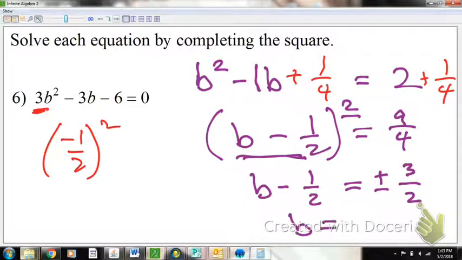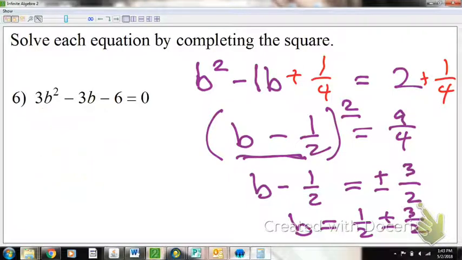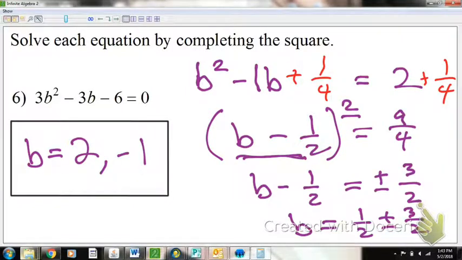Then we will add 1/2 to both sides to get b by itself. 1/2 plus or minus 3/2 will give us these two solutions. 1/2 plus 3/2 is 4/2, which is 2. 1/2 minus 3/2 is negative 2/2, which is negative 1. So our two solutions are 2 or negative 1.